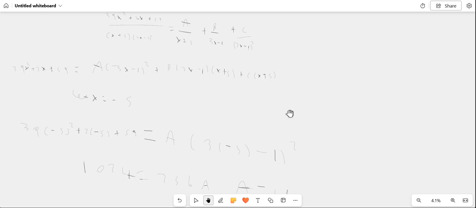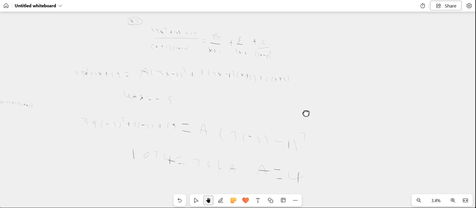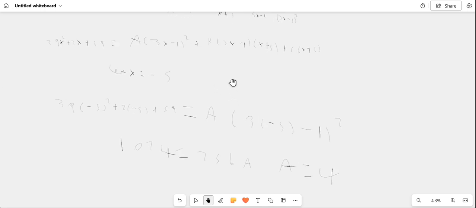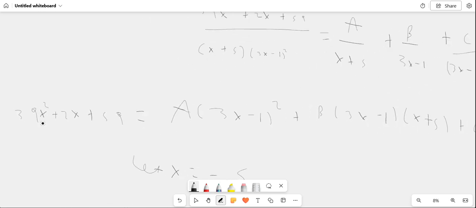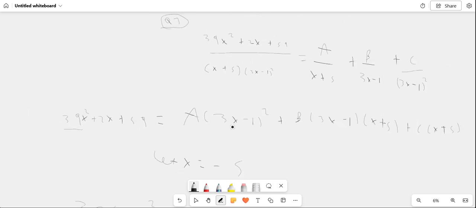So what happened here is in solution bank, they're doing it a different method. They're doing it by comparing the coefficients. So essentially, what you do is you find those two terms here, and think about this. So 39 is the x squared coefficient. Obviously compare the coefficients.